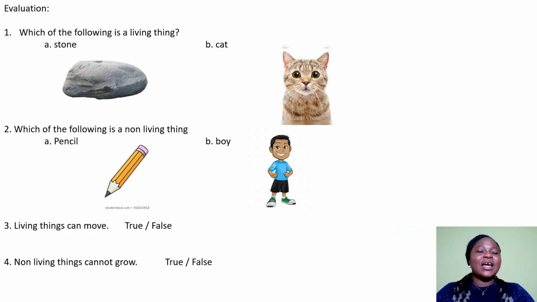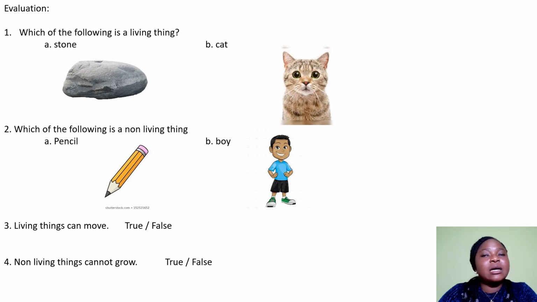Good. I hope you got everything correct. I hope you are following as well. Today we learned about living things, what they are. We said living things are things which can grow, move, breathe, and reproduce.